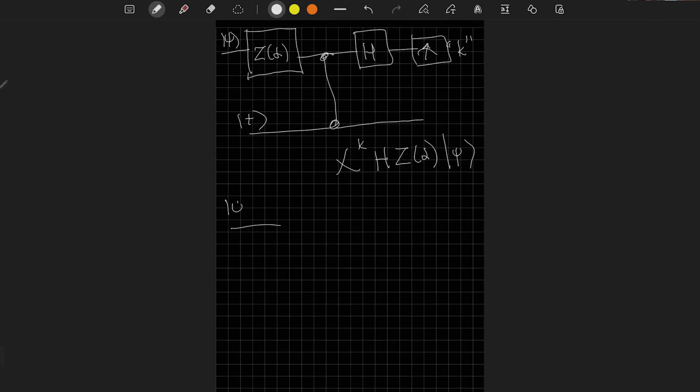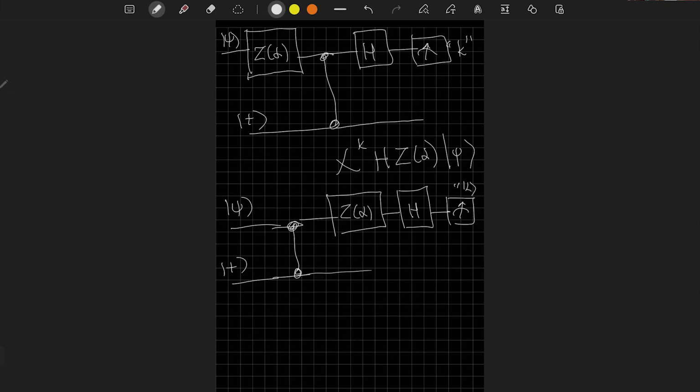So psi, control phase gate here, Z alpha, H, I do measurement, outcome K, X K H Z alpha psi. Okay. Now if I would like to put both of these gates in one box, first Z is being applied followed by H. So this is the time order.